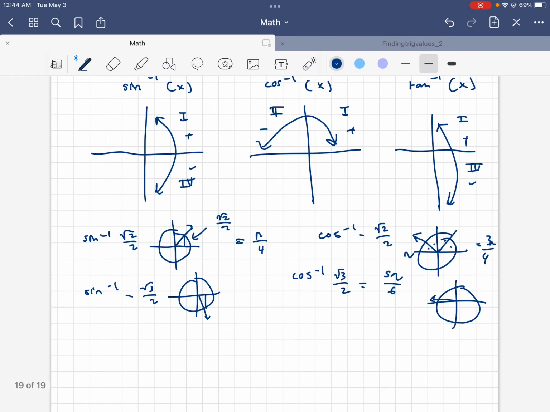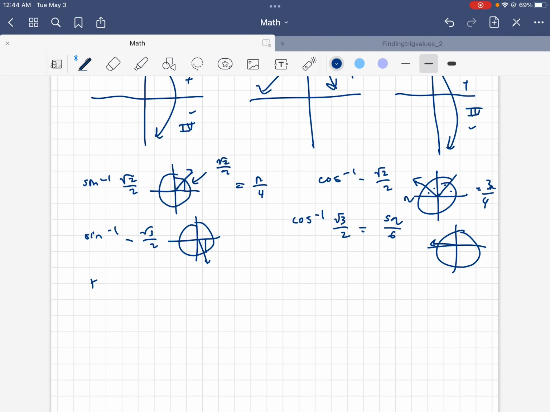Okay, let's do a few tan examples and then I'm going to go to sleep. So tan inverse of negative square root of 3 over 3. Tan is opposite over adjacent.